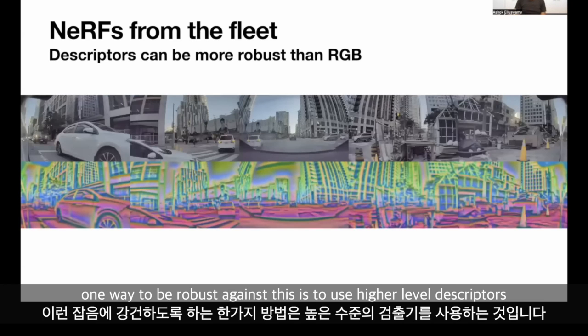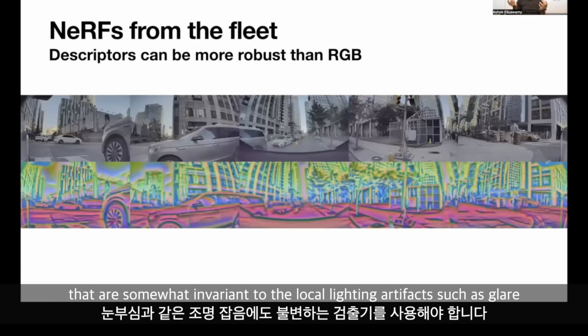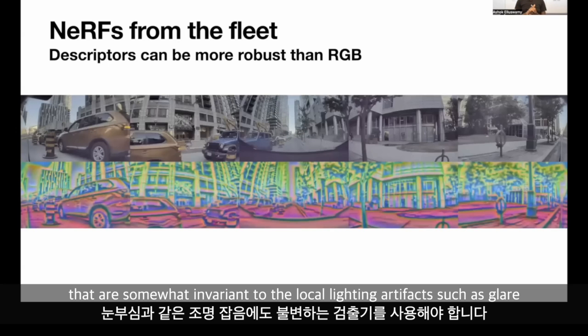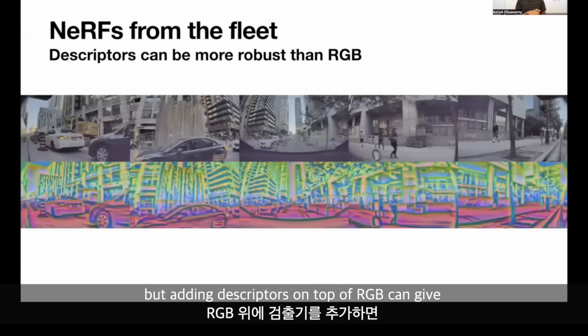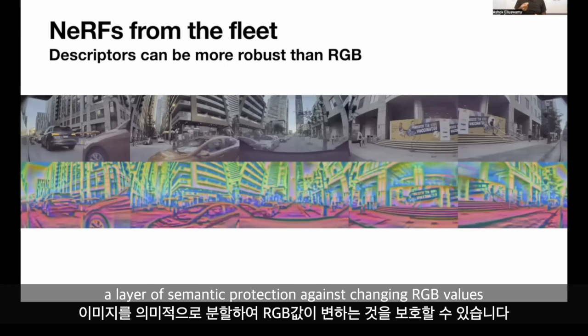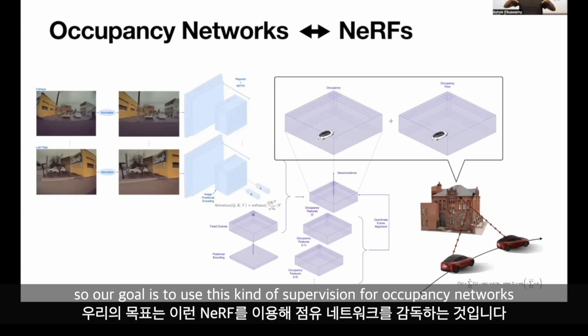One way to be robust against this is to use higher level descriptors that are somewhat invariant to the local lighting artifacts, such as glare. Because RGB can be extremely noisy, but adding descriptors on top of RGB can give a layer of semantic protection against changing RGB values. So our goal then is to use this kind of supervision for occupancy networks.